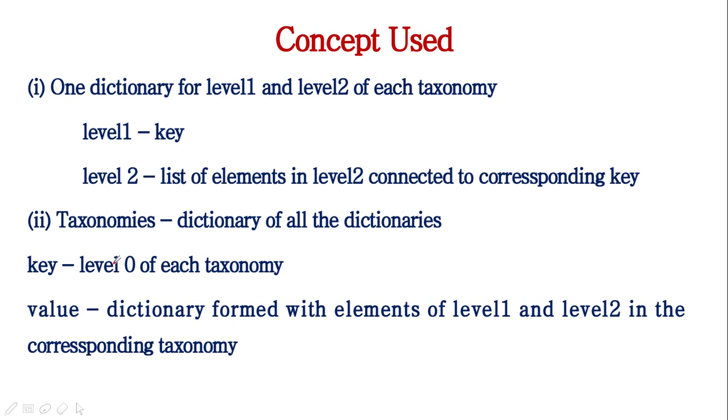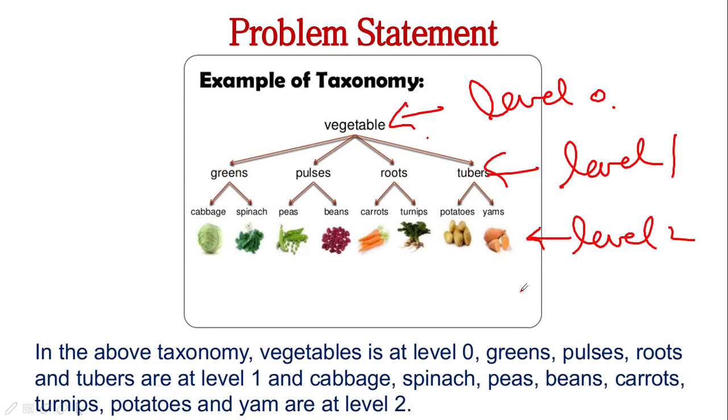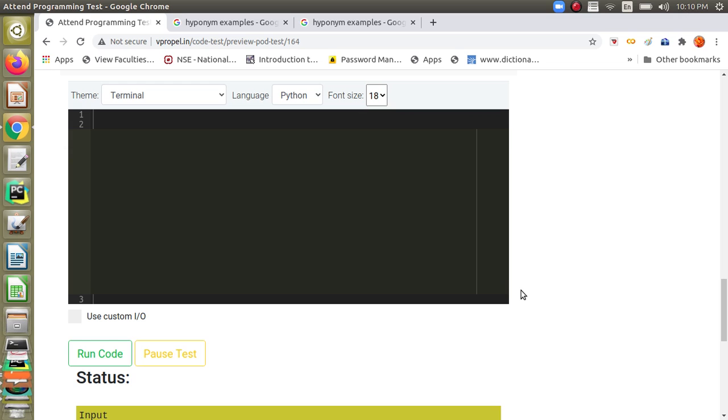When you look at the key of the overall dictionary, it is going to be the level 0 element of each taxonomy, right? And the value is going to be the dictionary formed with elements of level 1 and level 2. So let us take an example and try to understand. Let us take this example.